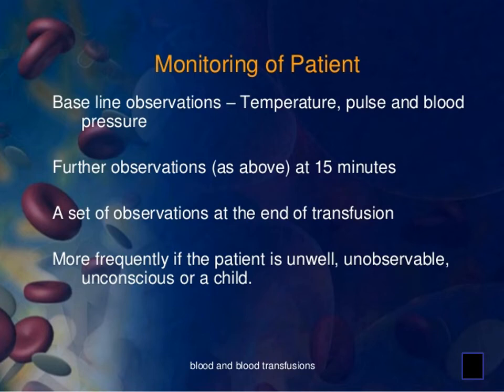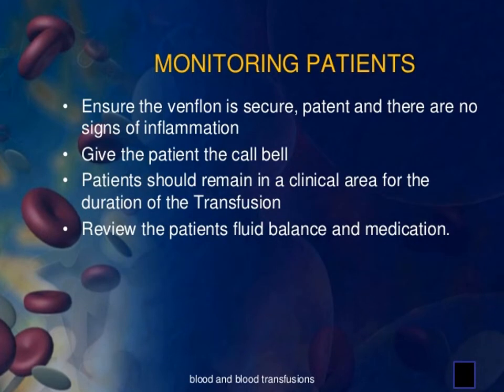And this monitoring has to be done more frequently if the patient is, say, unwell or unconscious, like a patient who is in the ICU, or if the patient is a very feeble, weak patient, or the patient is an elderly or a child. So before starting the blood transfusion, ensure that the cannula, what I have mentioned here as Venflon, which is the most commonly used brand of cannula, is secure and there are no signs of inflammation around the cannula.